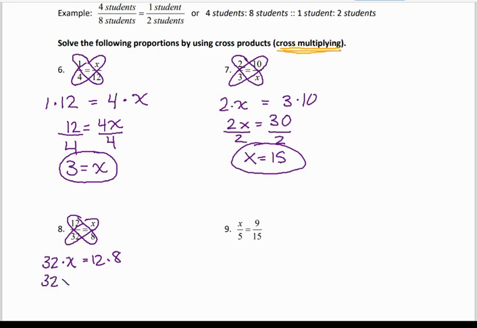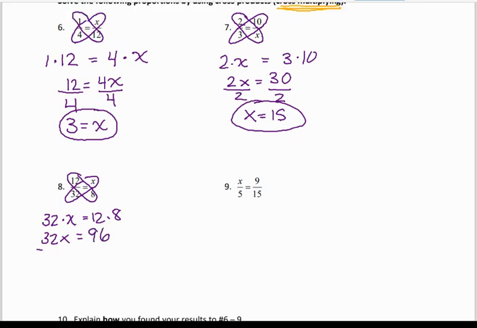So that gives me 32x, and then 12 times 8 is 96. And then we can go ahead and divide through by 32, and that gives me 3, which is correct.